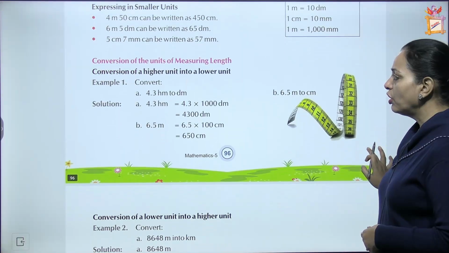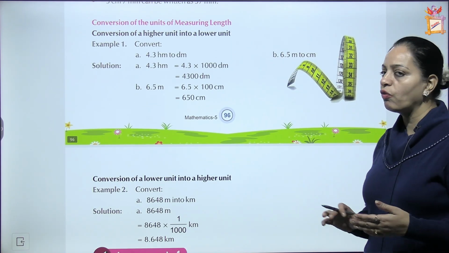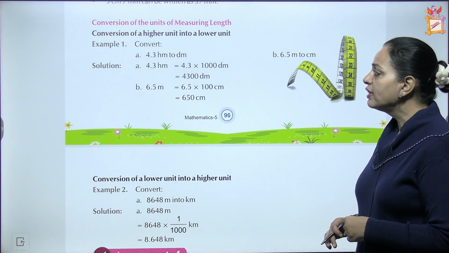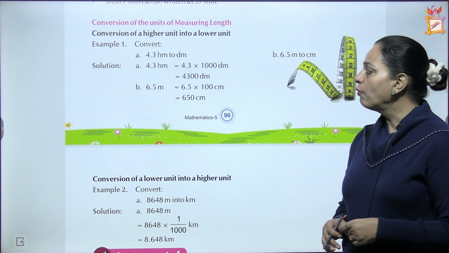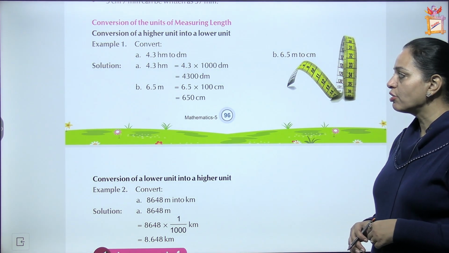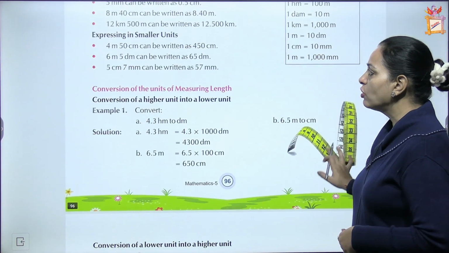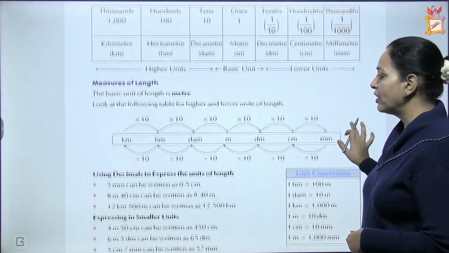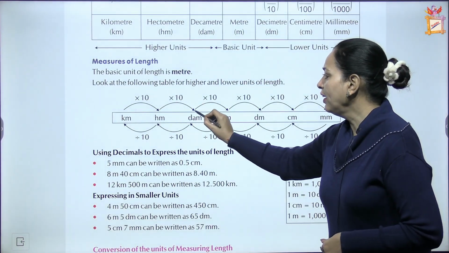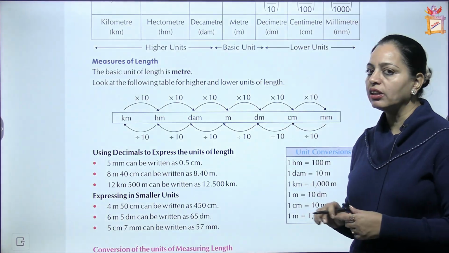Now conversion of the units of measuring length, conversion of a higher into a lower. See example 1, convert 4.3 hectometer to decimeter. So 1 hectometer equals to how many decimeter? You can see 10, 10, 10, 1000.